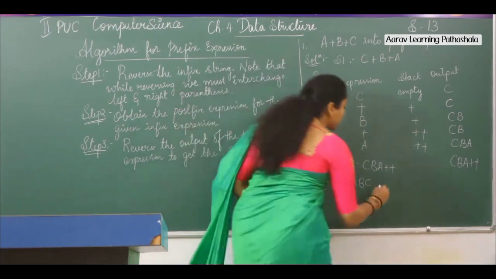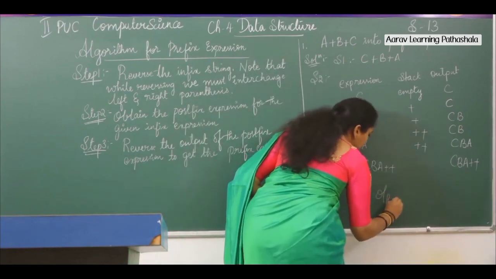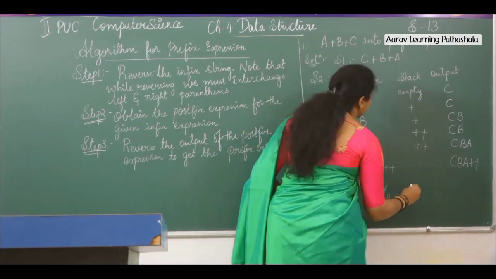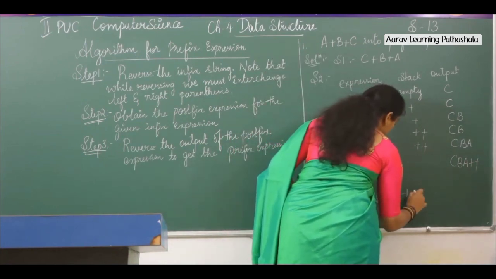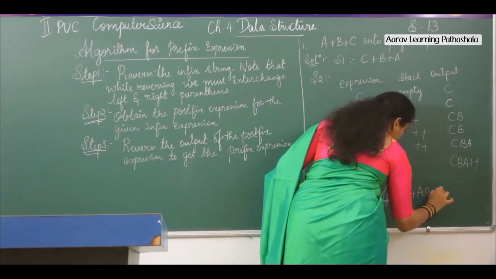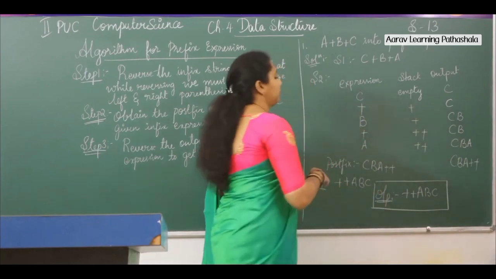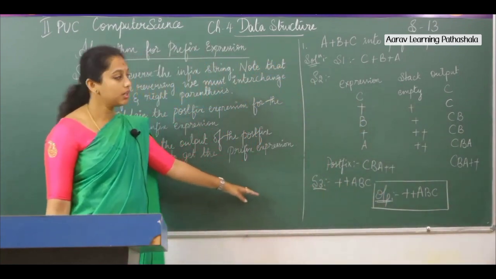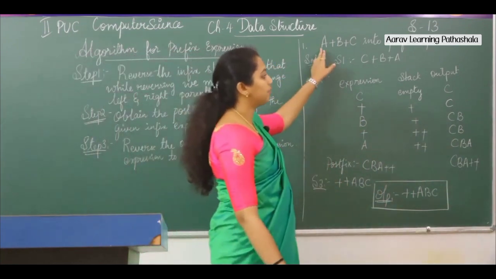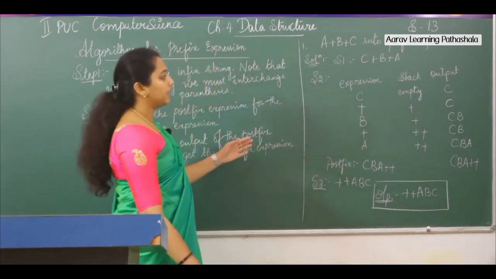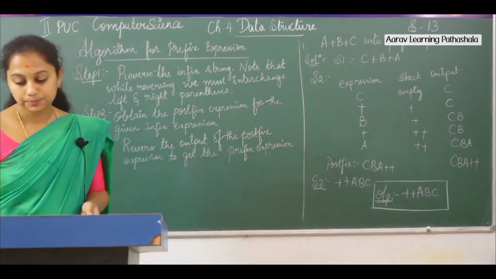So this is the prefix expression of the given infix expression A plus B plus C: plus plus ABC. This is how we have to convert from infix to prefix expression. Let's solve another expression.